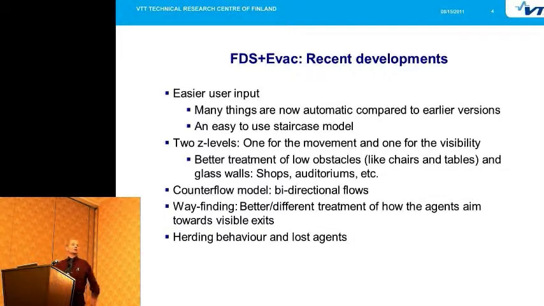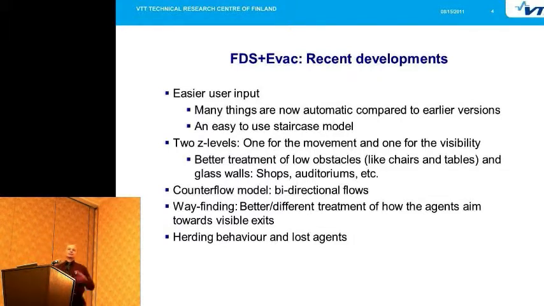To put in the doors is now much easier, and there is a staircase model for the whole staircase. And now, per one floor, it has 2 levels. One is for movement, so you cannot move through this thing, but you can see over it.